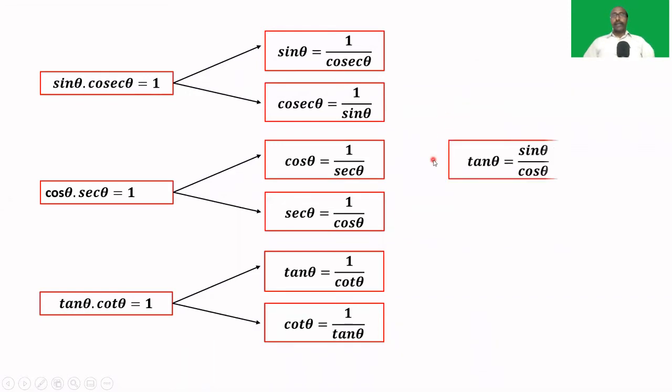And also we know tan theta is equal to sin theta by cos theta, and cot theta is equal to cos theta by sin theta. Okay, students. So let us start the exercise 11.4, which is based on these trigonometric identities.